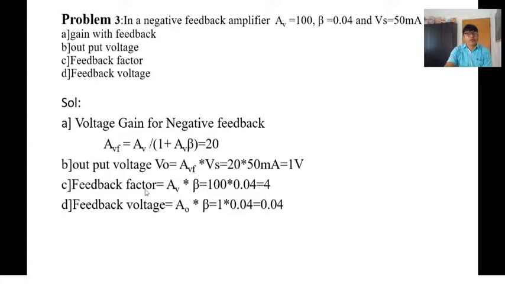Then the loop gain is gain multiplied by the fraction beta, which can be calculated by using this formula, and therefore you get 4. The feedback voltage you can get as beta V0. The V0 value is 1, so you write it here, and therefore you get the feedback voltage as 0.04.